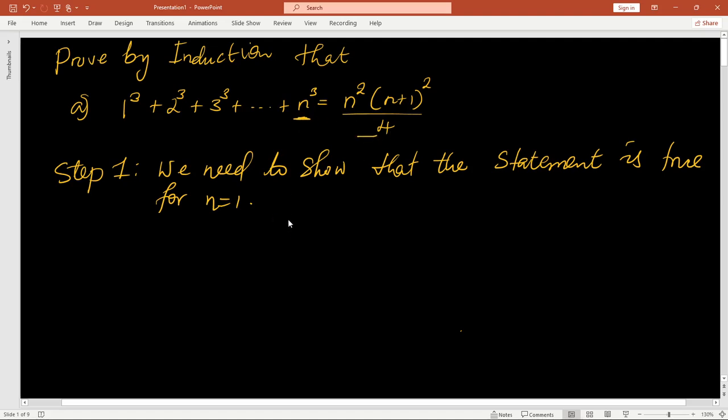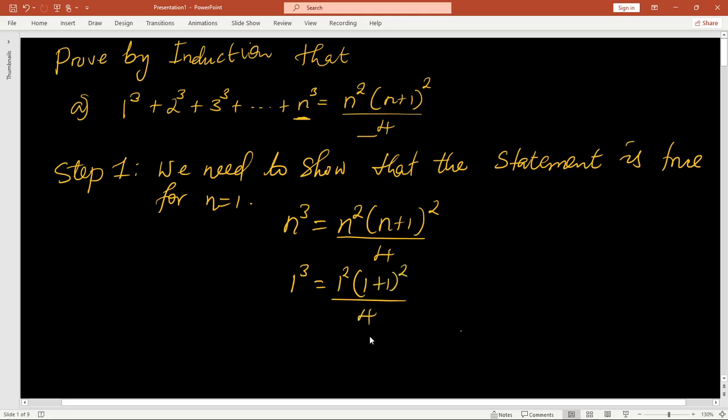So we're going to have n to the power 3 equal to n squared, (n plus 1) squared divided by 4. Then where there's n here, we're going to substitute the 1. So here we have 1 cubed is equal to 1 squared, (1 plus 1) to the power 2 divided by 4.